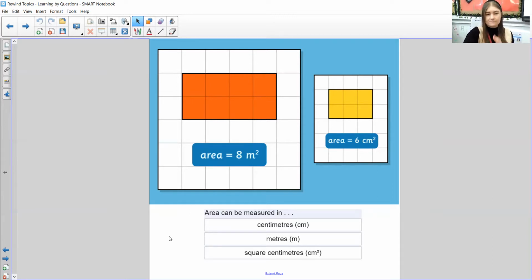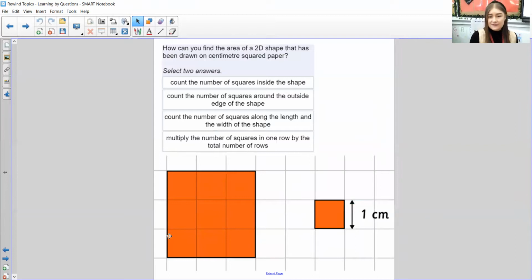So that's that one. How can you find the area of a 2D shape that has been drawn on centimetre squared paper? So basically this question's asking, how could we find the area of that? Could we count the number of squares inside the shape? Could we count the number of squares around the edge of the shape?